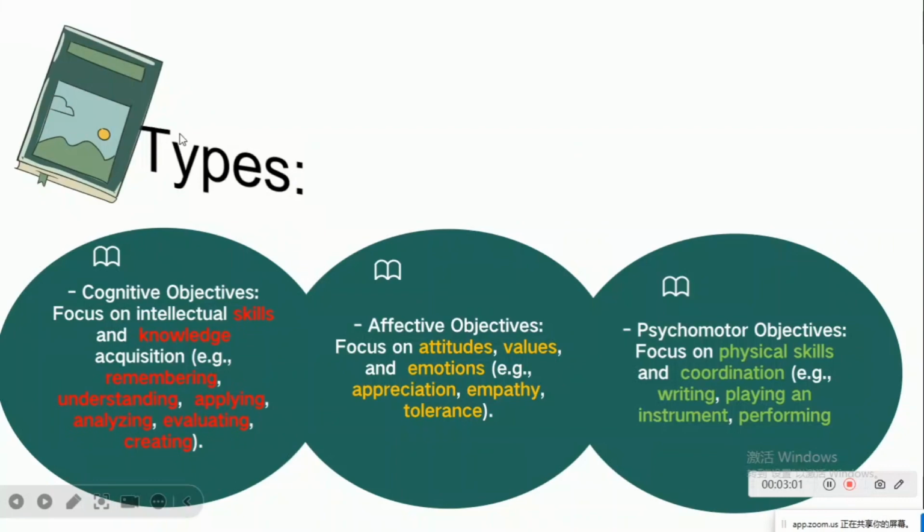There are 3 types of general educational objectives, which are cognitive objectives, affective objectives, and psychomotor objectives.